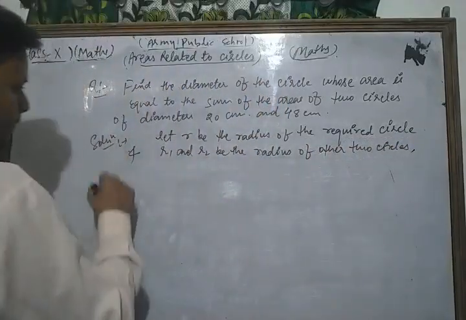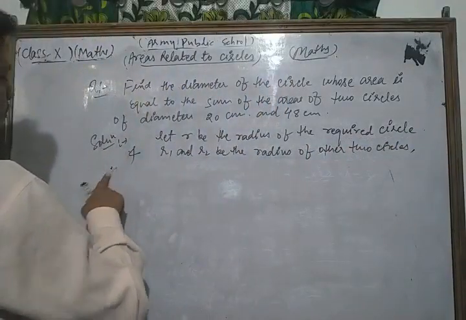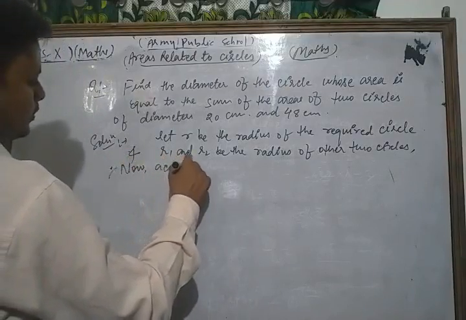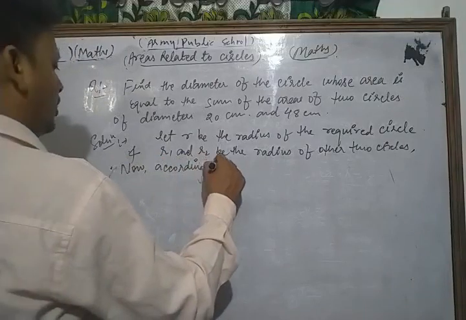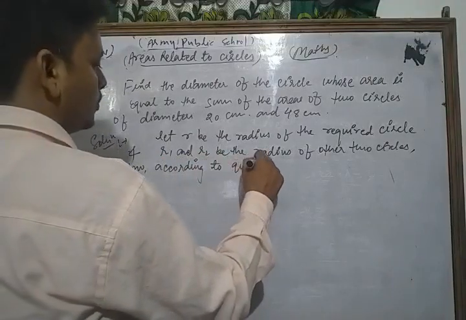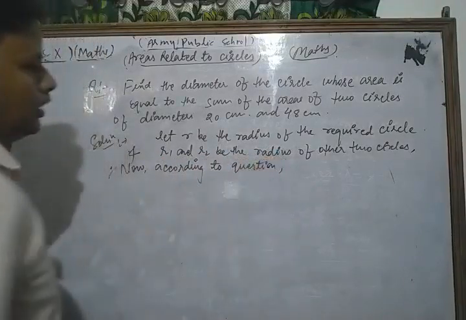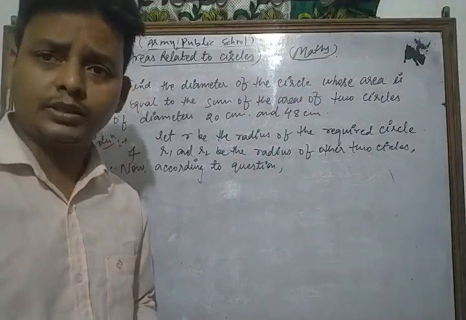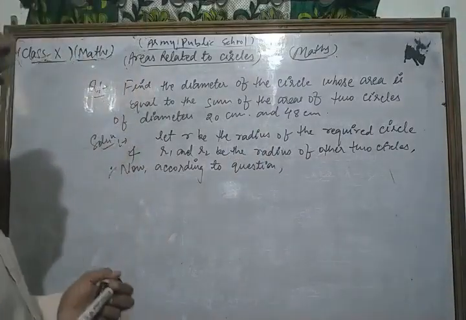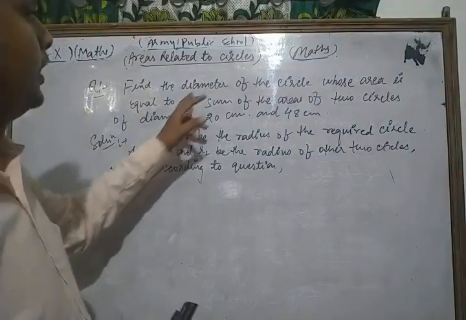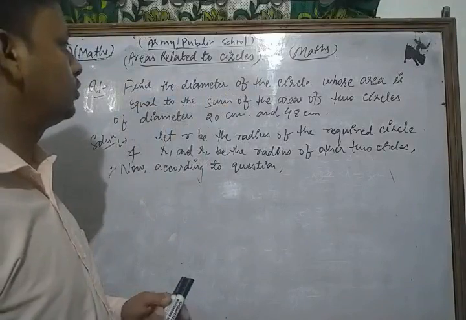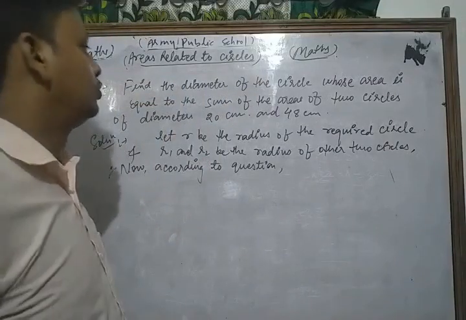Now dear students, according to the question, let's see what I get. Find the diameter of the required circle whose area is equal to the sum of the areas of two circles.